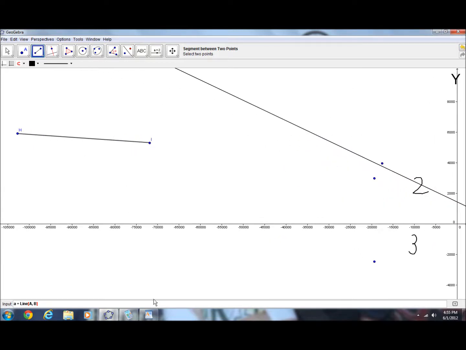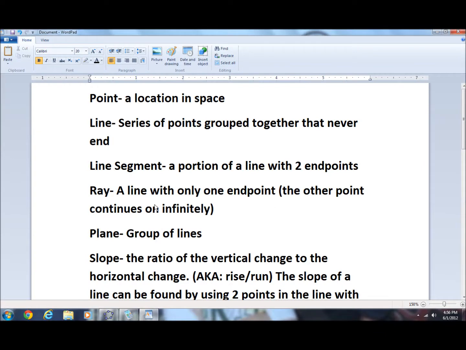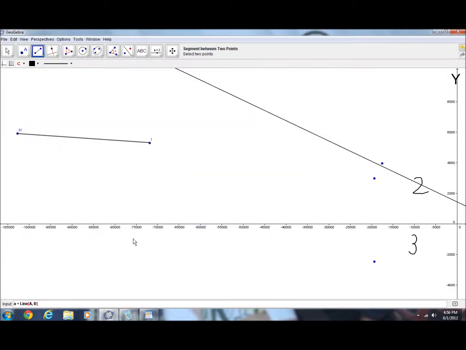So a line segment has 2 endpoints. But what happens if a line segment only had 1 endpoint? Then what is it? Is it actually a line segment? No. In fact, it's a ray. A ray is a line with only 1 endpoint. The other point continues on indefinitely.